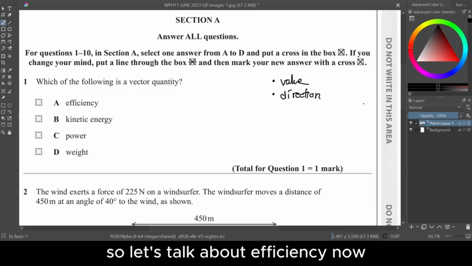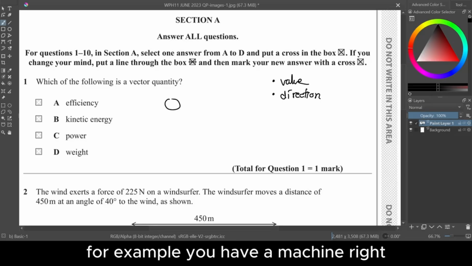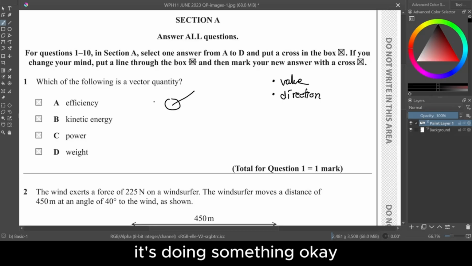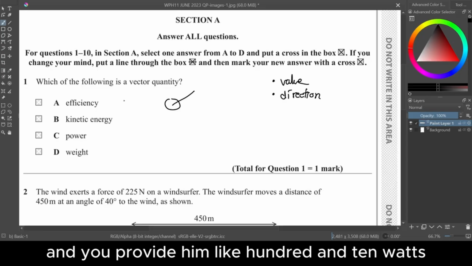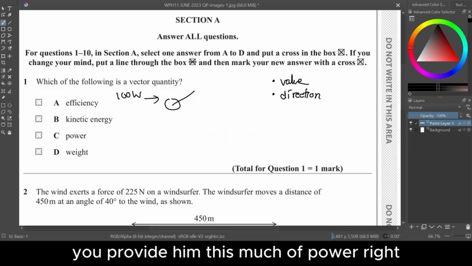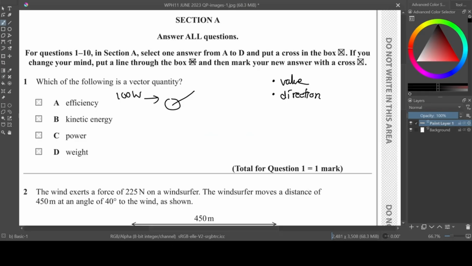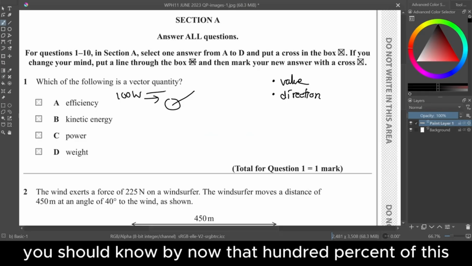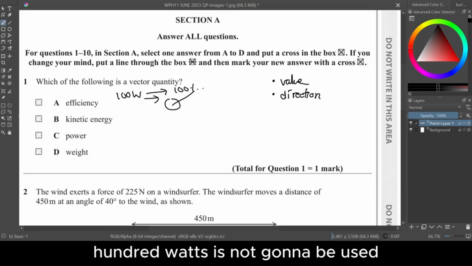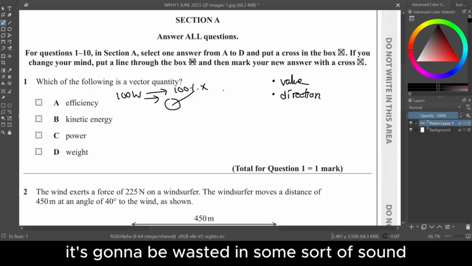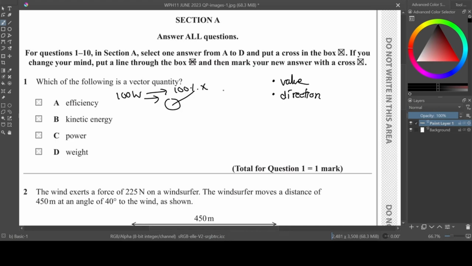So let's talk about efficiency. Now, for example, you have a machine, right? It's doing something, okay? And you provide it like 100 watts. You provide it this much power, right? So you should know by now that 100% of this 100 watts is not going to be used. It's going to be wasted in some sort of sound, maybe some heat.